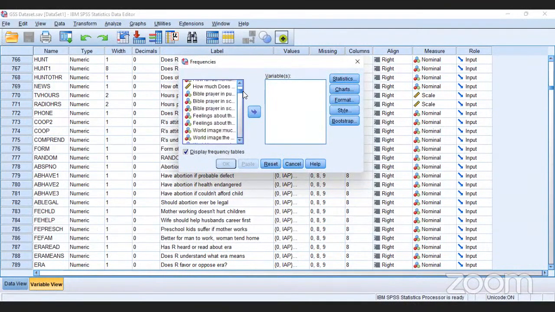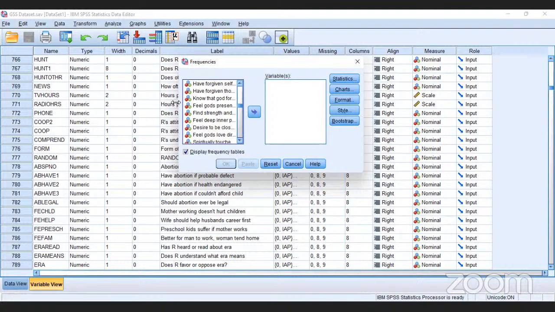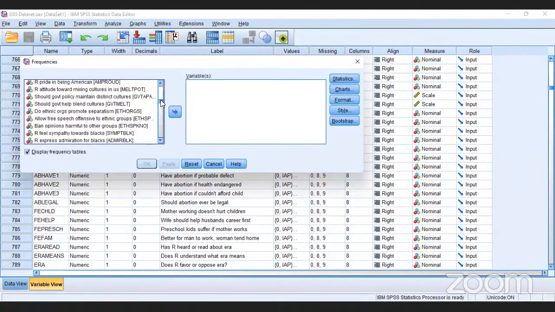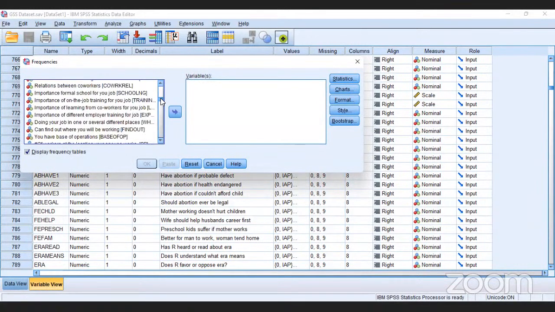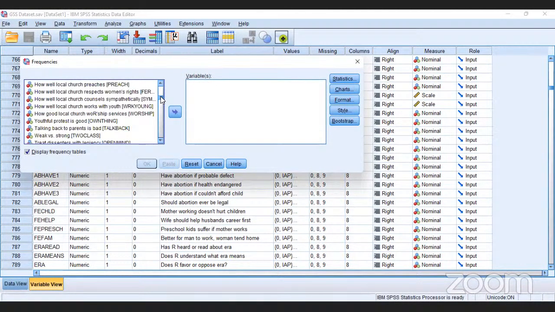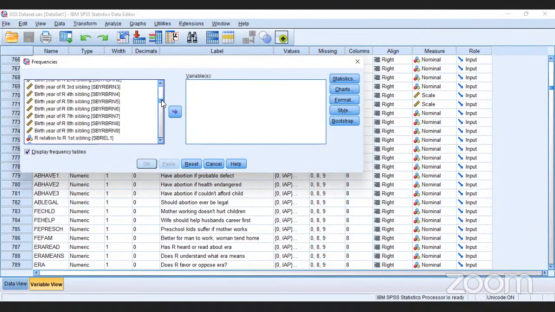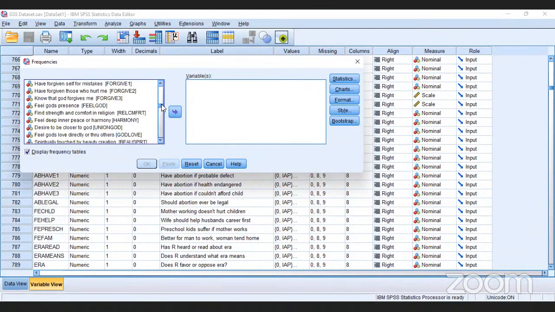That's under abortion, right? What do you think? It should be legal. Why? Which means legality depends.